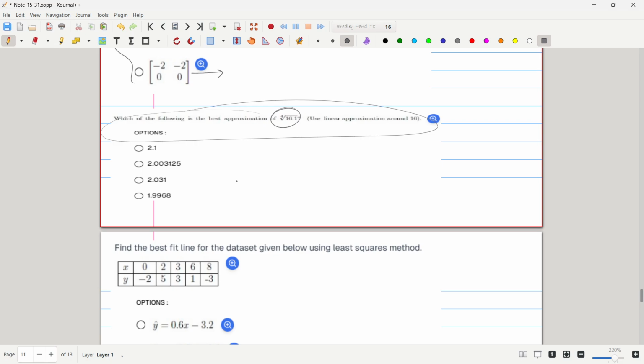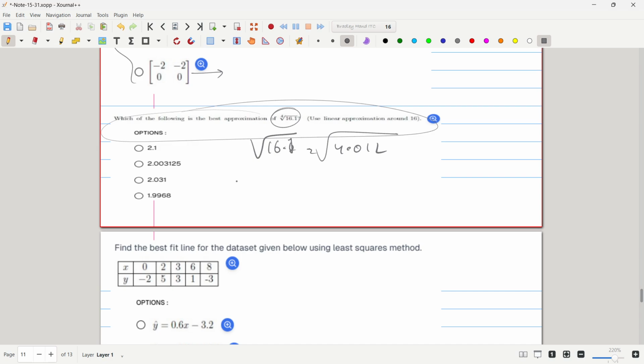So what is the square root of 16.1? The square root of 16.1 is 4.012. Now again you need to find the square root of 4.012.